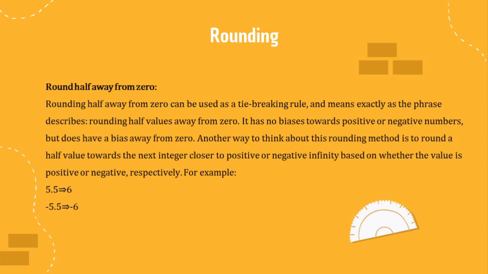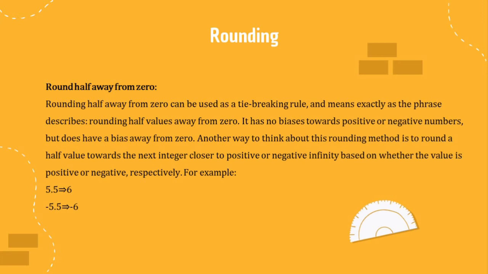Round half away from zero. Rounding half away from zero can be used as a tie-breaking rule and means exactly as the phrase describes, rounding half values away from zero. It has no biases toward positive or negative numbers, but does have a bias away from zero.